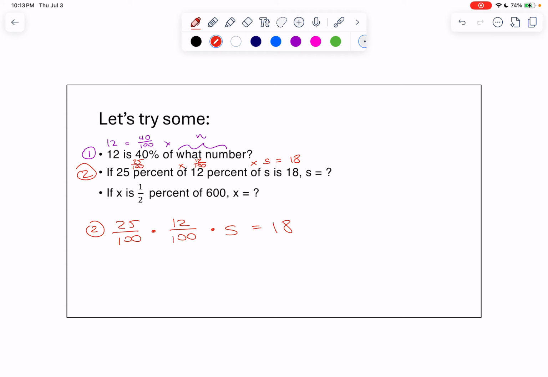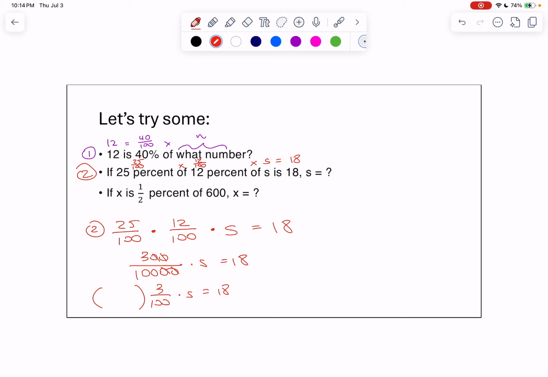Well, I think the easiest way to deal with this one, we could multiply our fractions together and deal with it that way. We can say 100 times 100 on the bottom would be 10,000. And then the numerator, 25 times 12, we get 300. Multiply that by S and we get 18. We can cancel out some of our zeros here. So we get 3 over 100 times S equals 18.